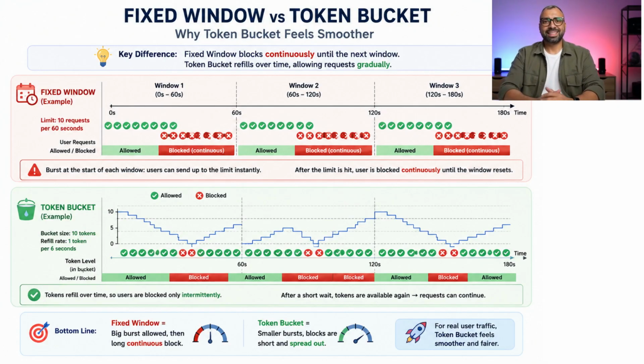So the key difference isn't simply that one blocks and the other doesn't. It's that fixed window blocks continuously until the reset, while Token Bucket blocks only temporarily, allowing requests to resume gradually as tokens refill. That's why Token Bucket is generally the preferred choice for production systems handling real user traffic.